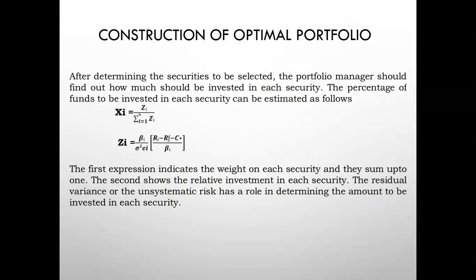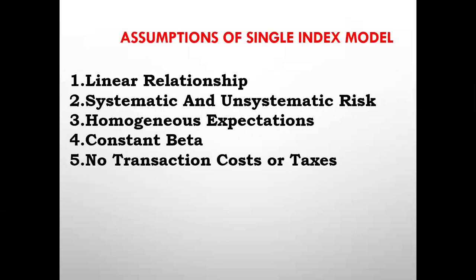The percentage of funds to be invested in each security can be estimated like this. The first expression indicates the weight on each security, and these sum up to 1. The second shows the relative investment in each security. The residual variance, which means unsystematic risk, has a role in determining the amount to be invested in each security.